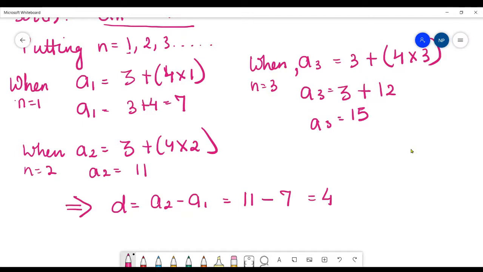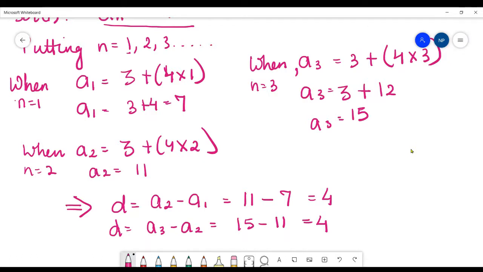Let us check whether it is the same for A3 minus A2. D is equal to A3 minus A2, which is 15 minus 11, which is equal to 4. Yes, so here the D is coming equal. That means the difference for every consecutive term is equal, so the assumption that we have taken is correct.